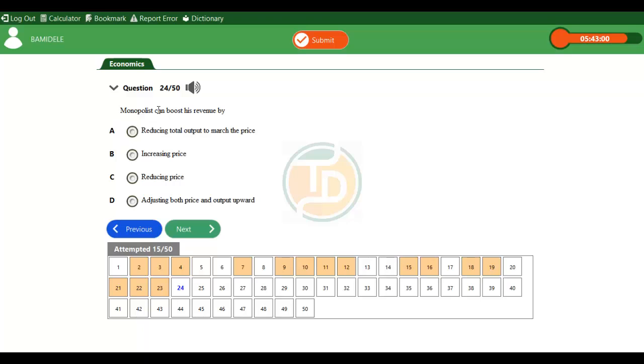Let's look at this question again. A monopolist can boost its revenue by... This question relates to the theory of markets, and it also relates to the theory of demand under price elasticity of demand.